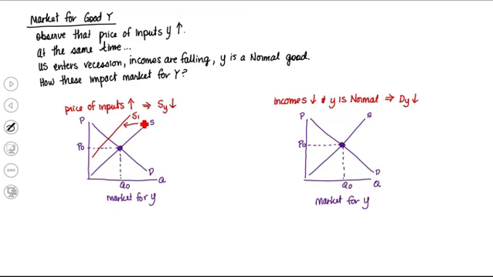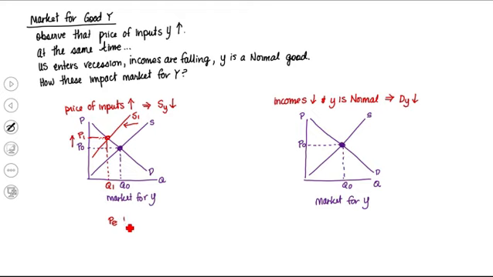So our new supply curve I'm calling S1. That gives me a new equilibrium with an equilibrium price of P1 and an equilibrium quantity of Q1. So the supply effect alone causes equilibrium price to go up.